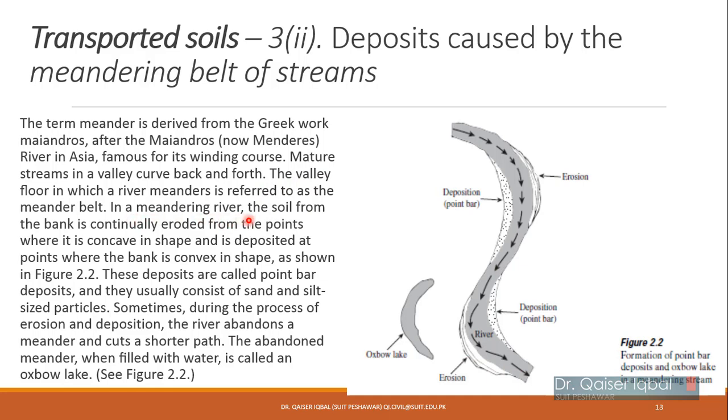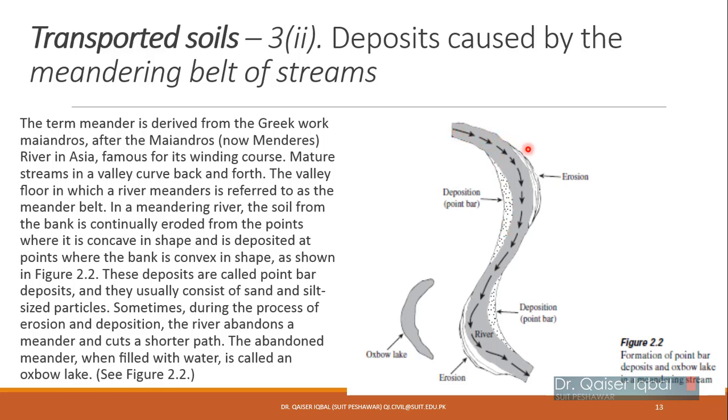So in a meandering river, the soil from the bank is continuously eroded from the points where the bank is concave, okay, and it is continuously deposited where the bank is convex. So when the stream is moving in this direction, it will be continuously eroding the soil from here, and it will be continuously depositing it over here.